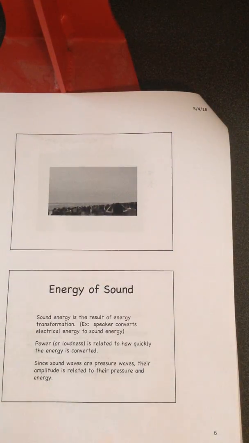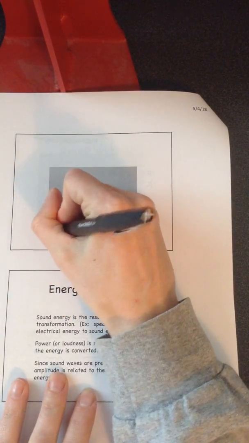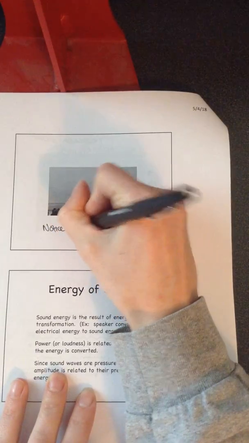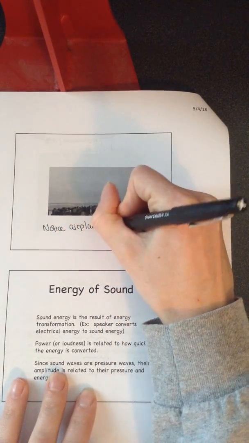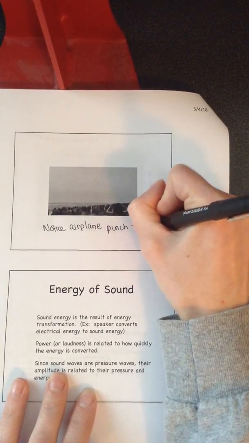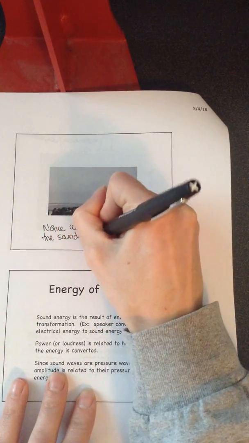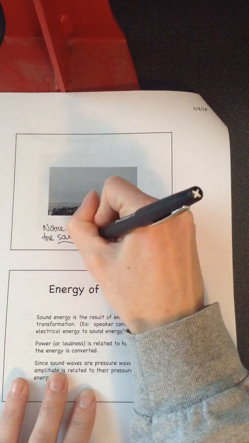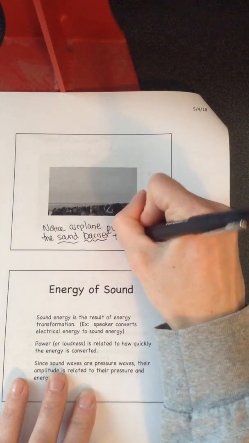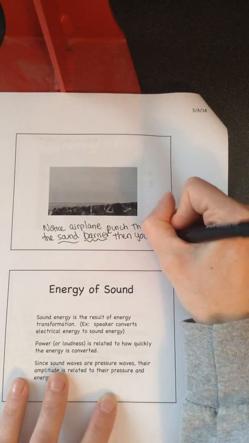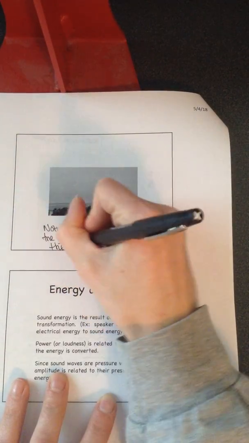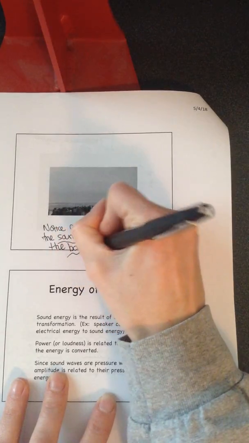So what we have next here is video number 2. In just a minute, you're going to pause these notes and watch video number 2. What I want you to notice in this video is the airplane punch through the sound barrier, and then you hear the boom.